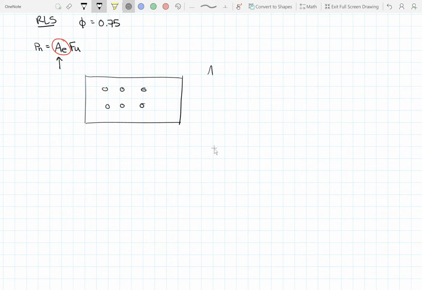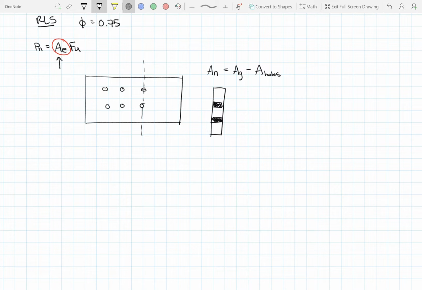So we can say the net area equals the gross area minus the area of the holes. Let me just draw a cross-section for you, where you have a bolt hole here and you have a bolt hole here.